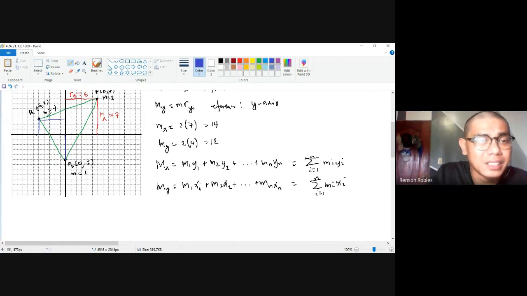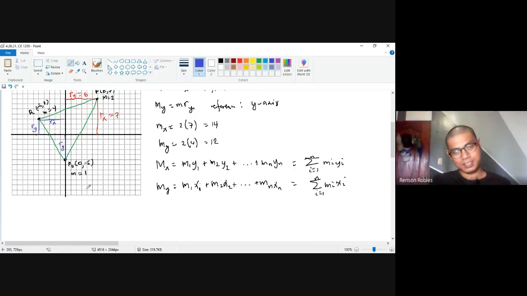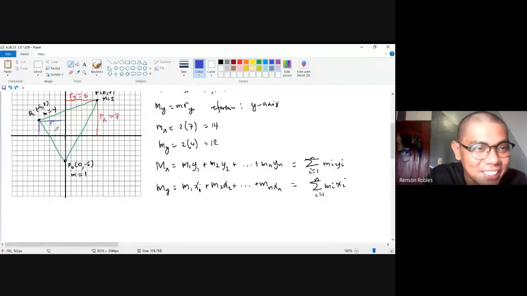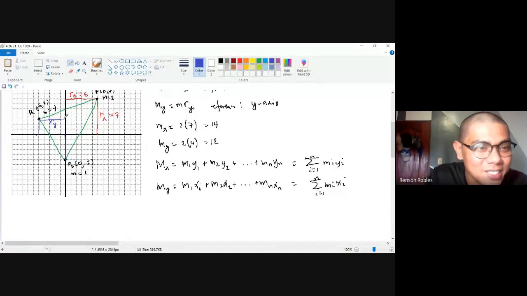This is your Ry, distance to the y-axis, and this is Rx, distance to the x-axis, and this is Rx, distance to the x-axis.